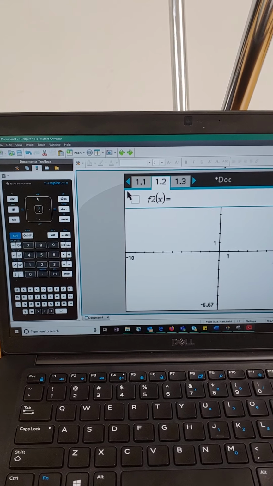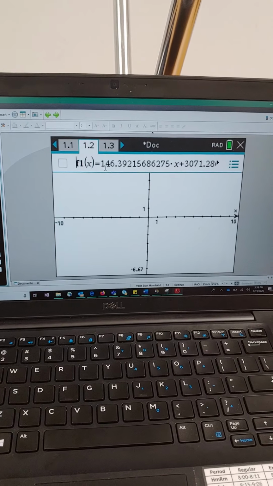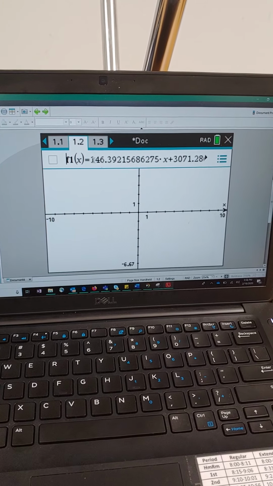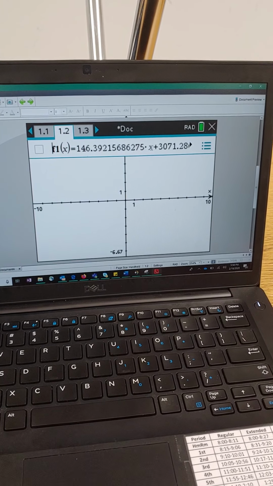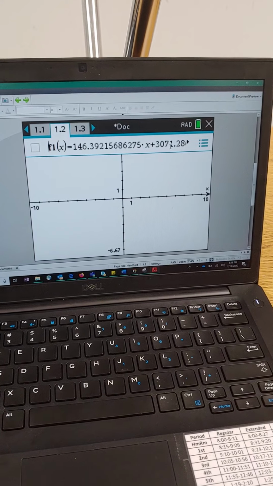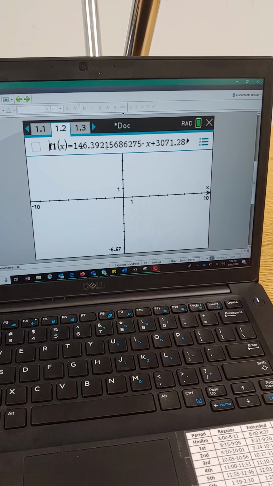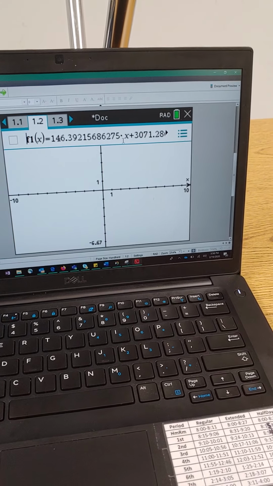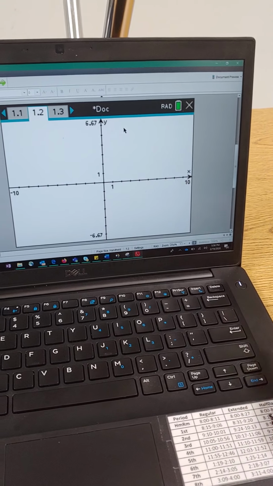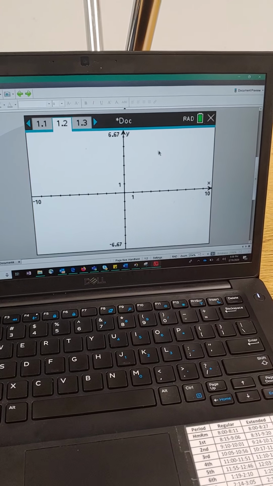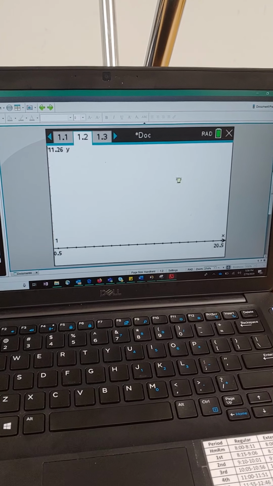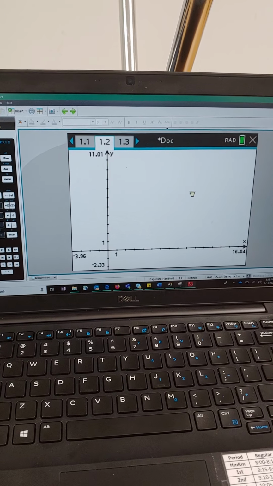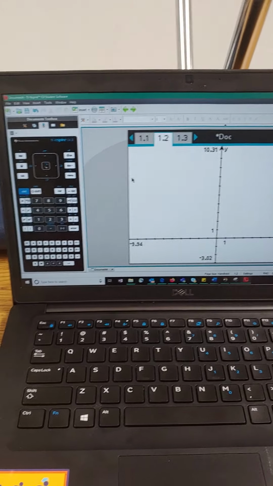And that looks really long, but notice there's that 146.392 big decimal times X plus your Y value. So it has already stored the exact equation in there. If I push enter, it's going to graph it for me. Now, I may not see it, but if I zoom way out, I'm going to be able to see a value.